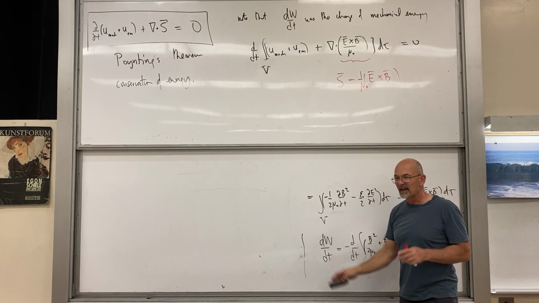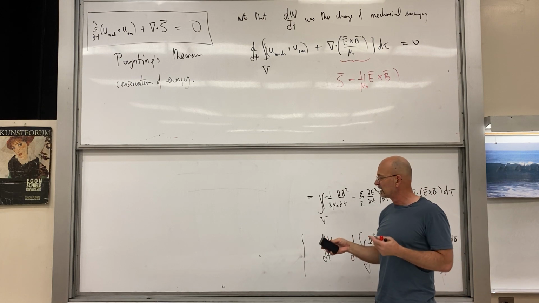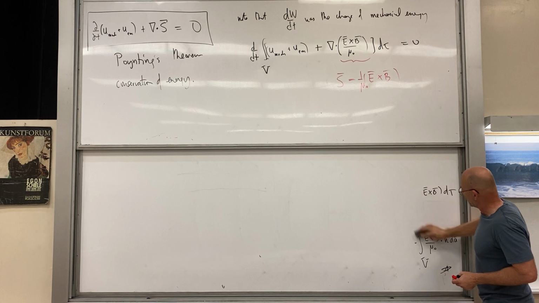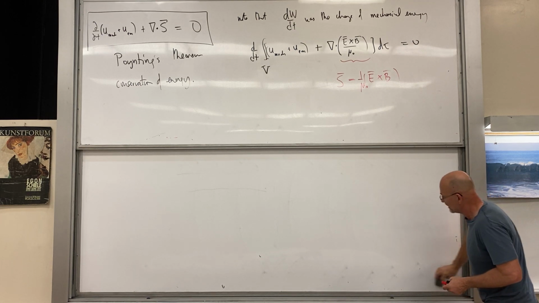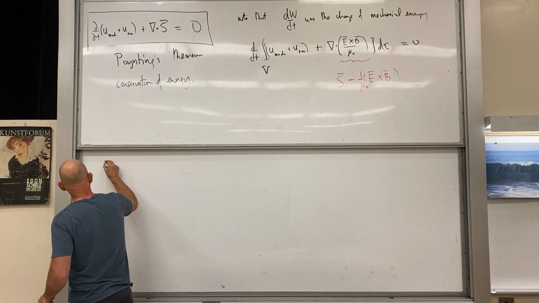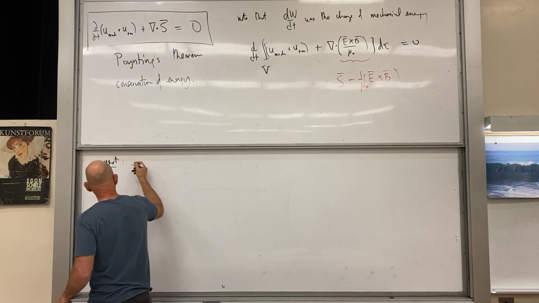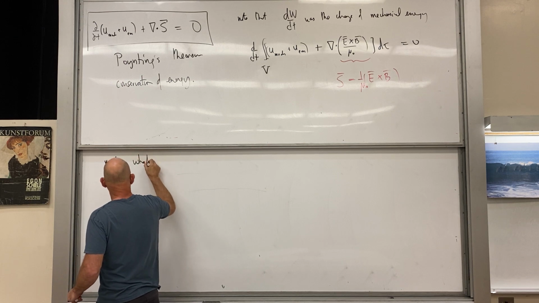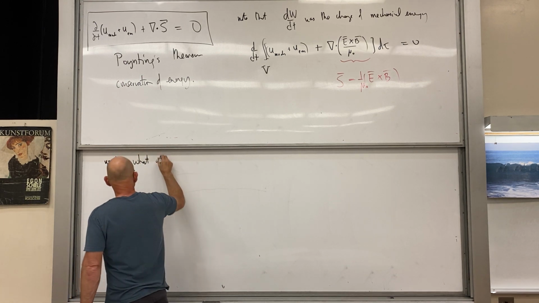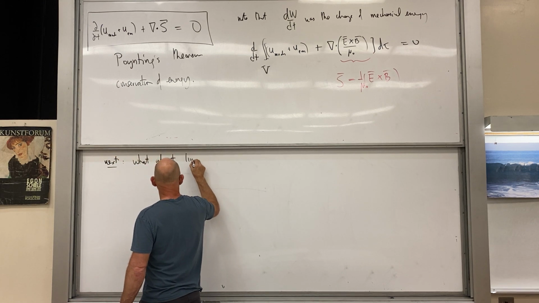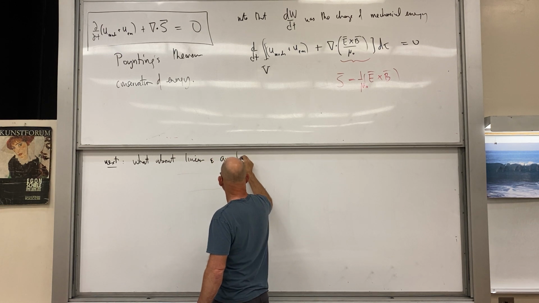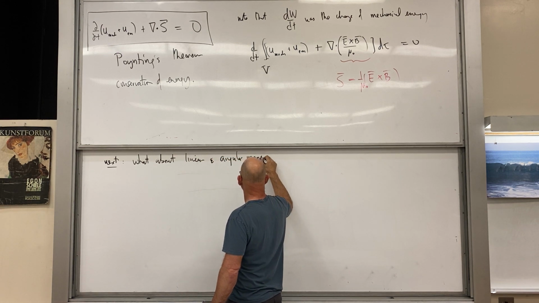Namely, the form of the linear and angular momentum will not yet be solved, but we'll just bring it to our attention again. So here, let's write, what about linear and angular momentum?